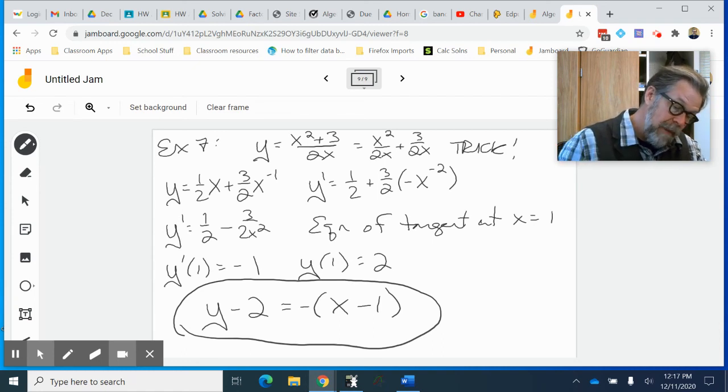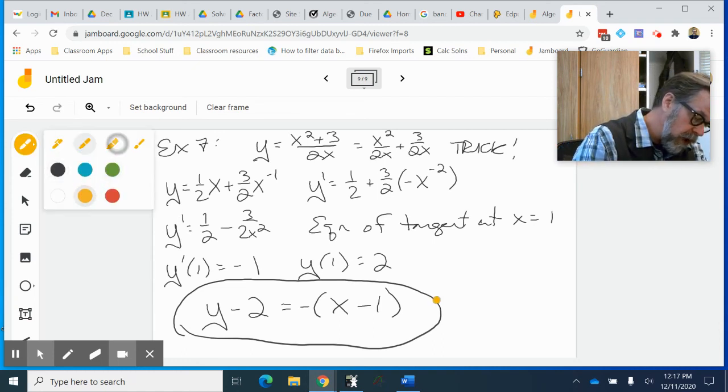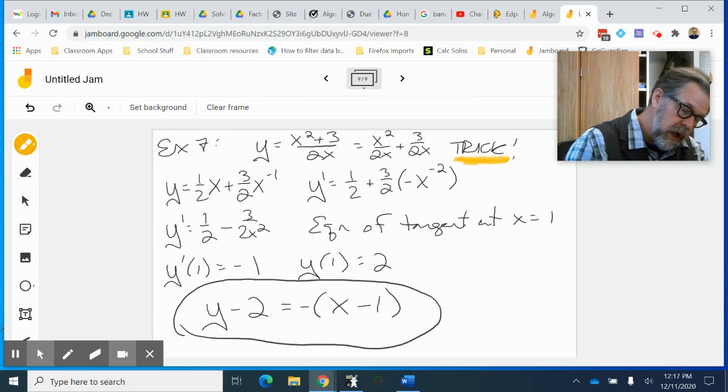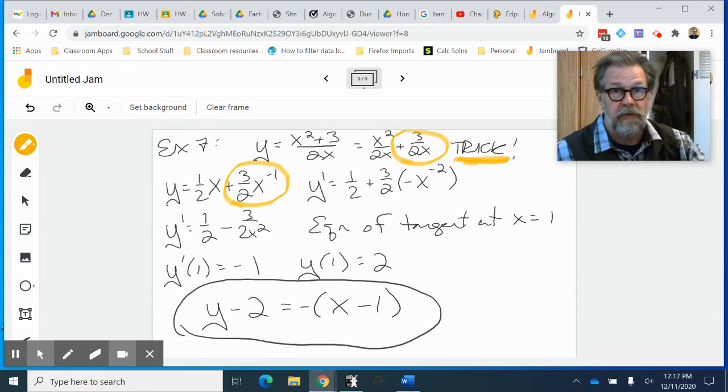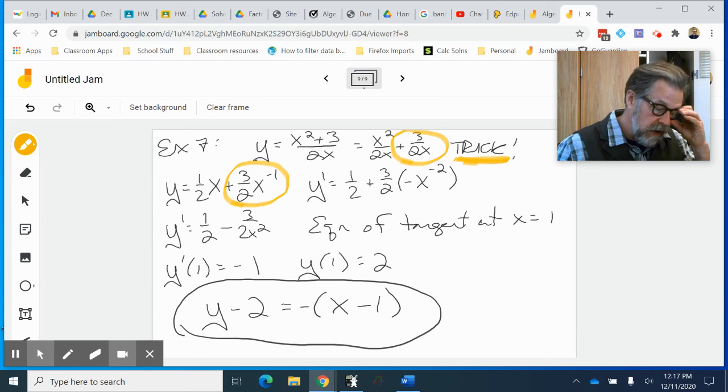All right, so just a reminder before I close this video out, that trick: always write reciprocals as negative powers if you're planning on taking the derivative, because it just makes life much easier. You can just go straight to, hey, the power rule for a power of negative 1.